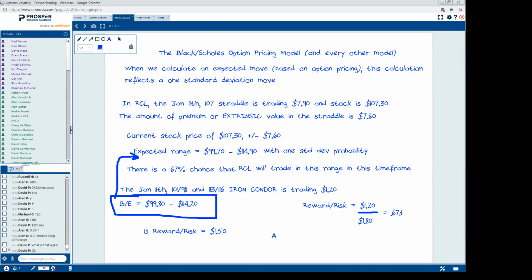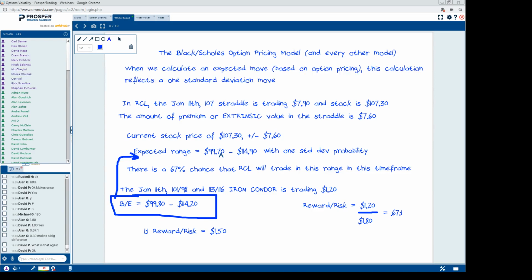If we're going to be inside the expected range, meaning taking more risk, so in this scenario where our break even would be something higher than 99.70 and lower than 115, if we're going to take more risk, we have to get paid more. Our reward to risk ratio would need to be higher.